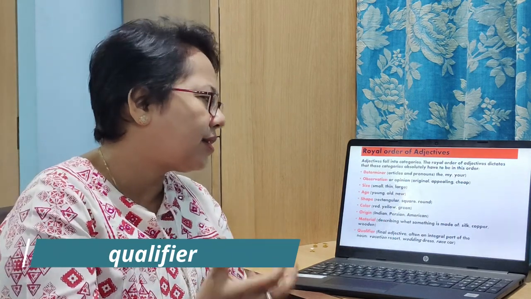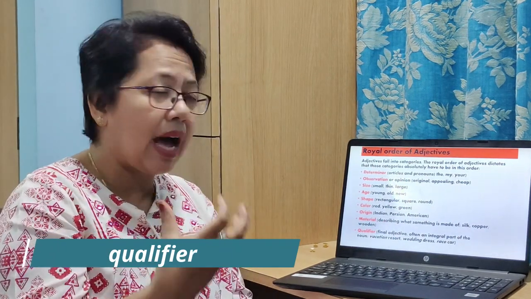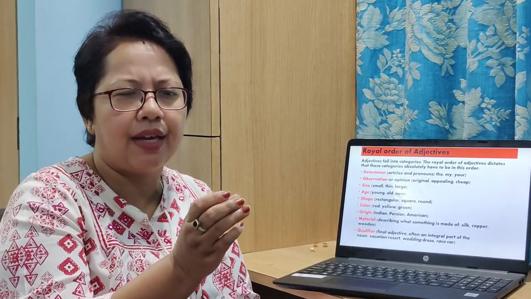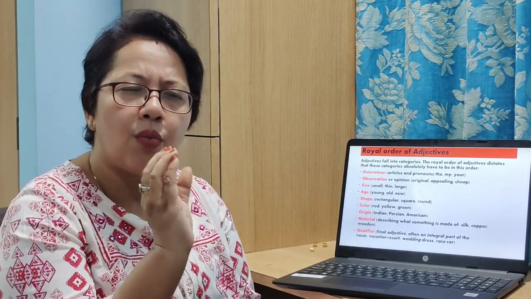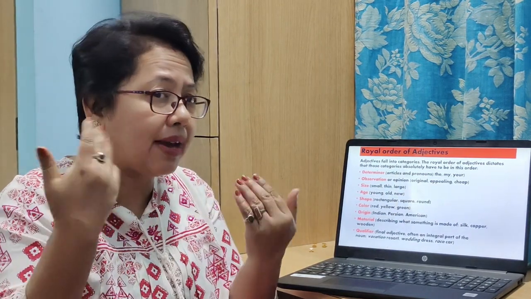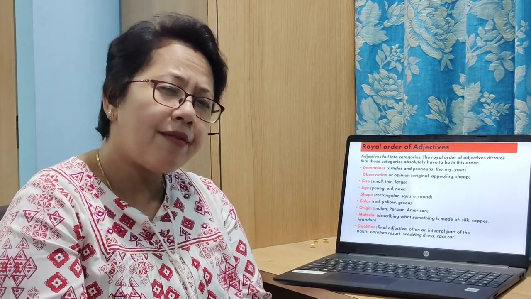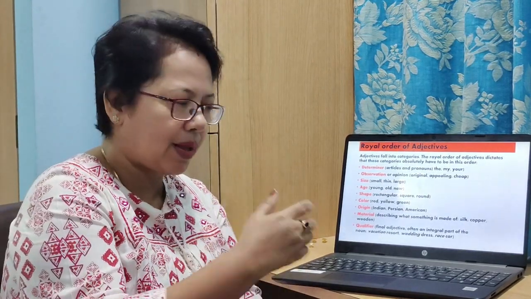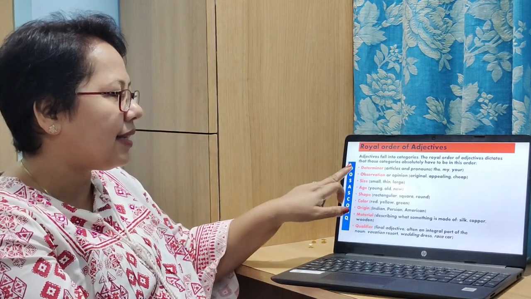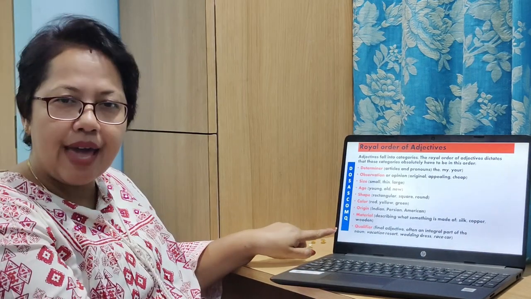Say it's something that is an integral part of the noun itself, things like a wedding dress or a race car. It qualifies or shows what that particular noun is. Now there are so many of them, and how can you actually put it into your head? One very easy way to remember is something that I just now discovered: try to get the word into your head.